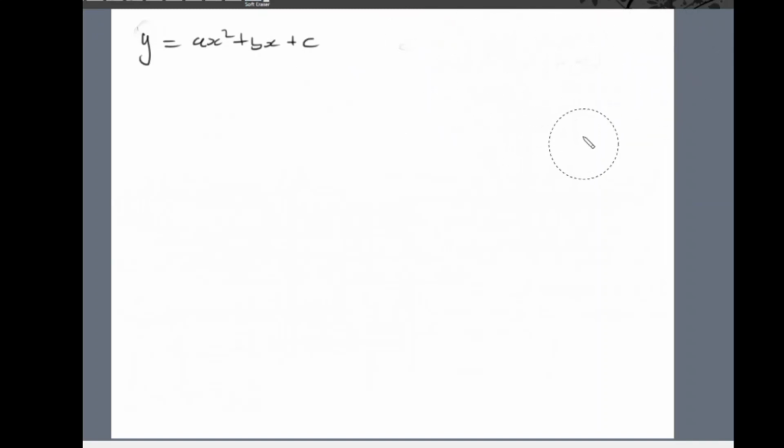Okay, so a quadratic function is a function in the form y is equals to ax squared plus bx plus c, where c is the y-intercept, right. And then it can also be given in this form: y is equals to a times x minus p squared plus q, right.